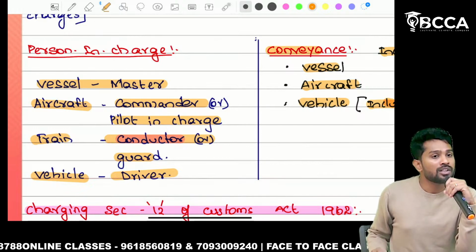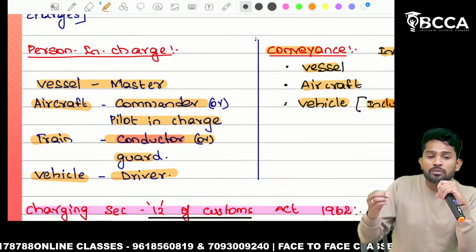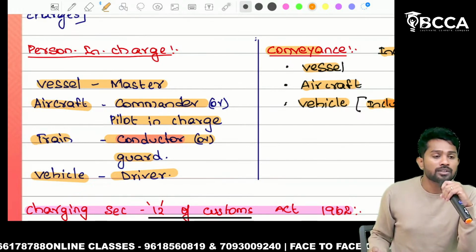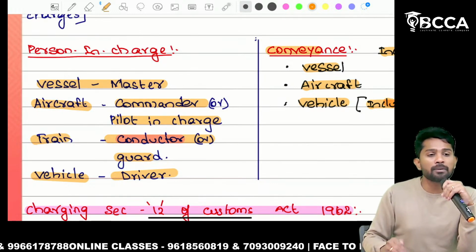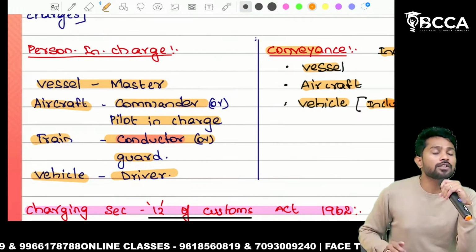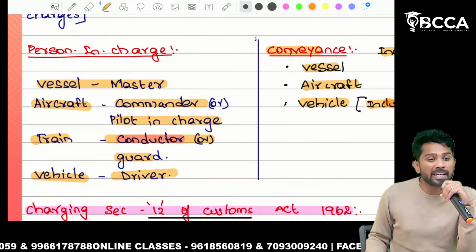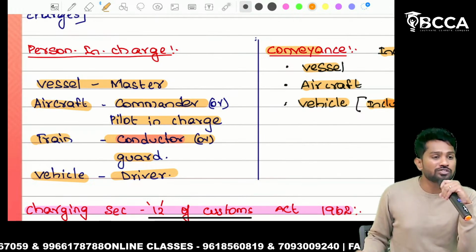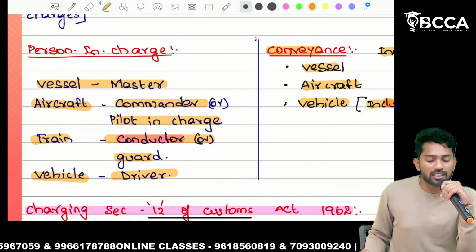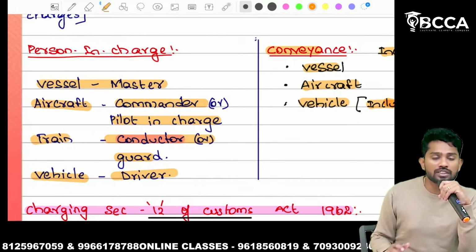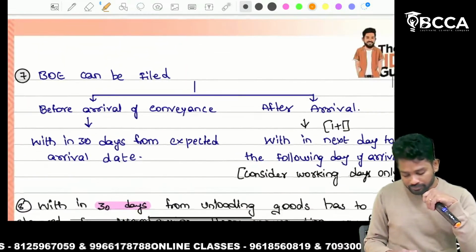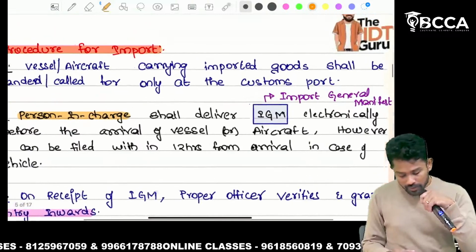To do all that, they should make one person responsible, and that responsible person is the person in charge. So this person in charge is obligated and liable to file certain documents with the customs office when coming to India or leaving India along with the conveyance.